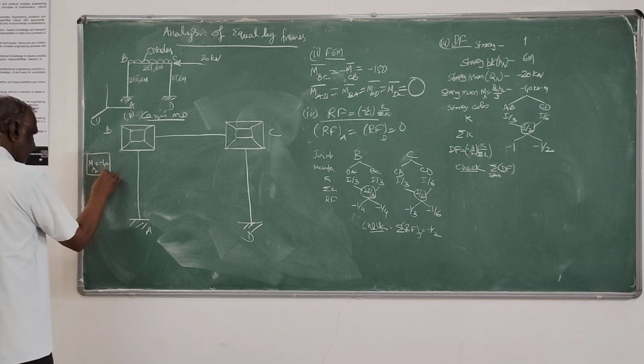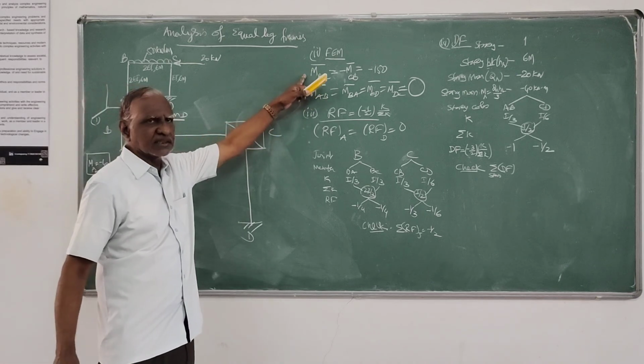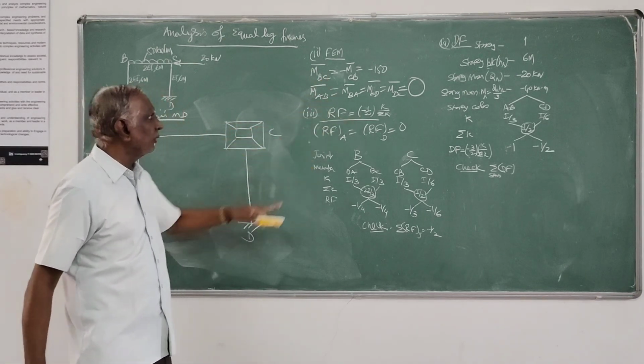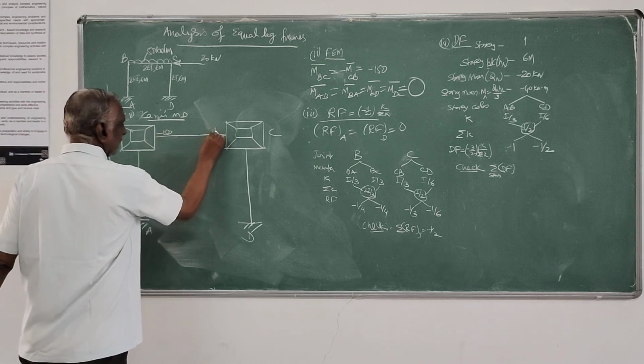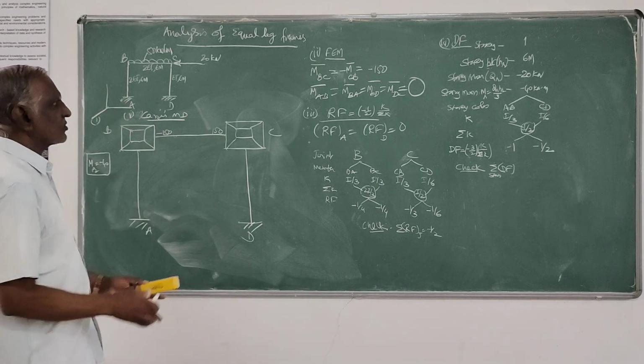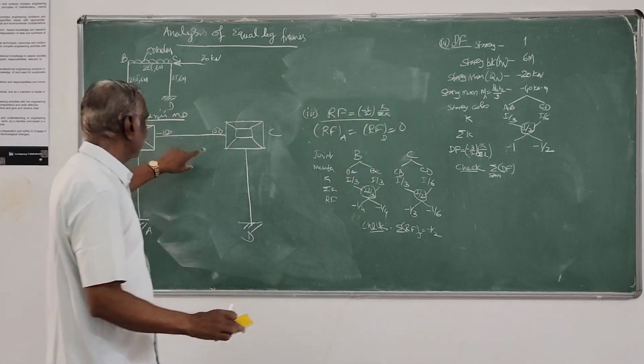That I will transfer first. The story moment I have transferred. Then I will transfer these things one by one. Fixed end moment, only on BC you have minus 150, CB we have plus 150, the rest are all 0. I have transferred that.